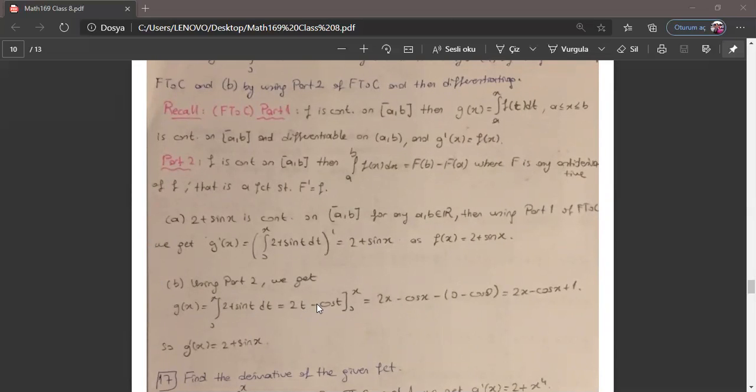It's 2t minus cosine t. Okay, you just basically take the derivative. So this is the antiderivative of the integrand. And from 0 to x, so you put first x, then 0, and get this value. What's the derivative of this function? It's 2 plus sine x, as we computed in the previous part. Okay.